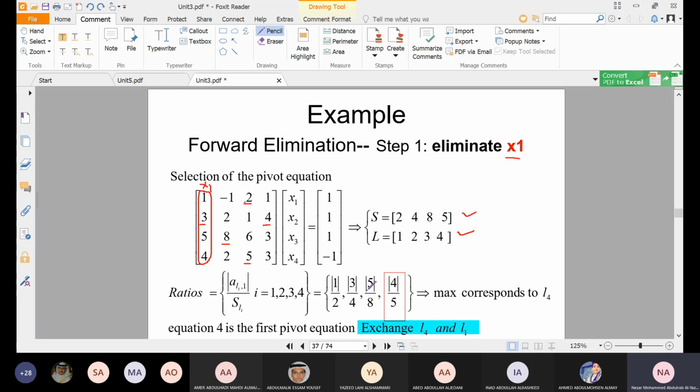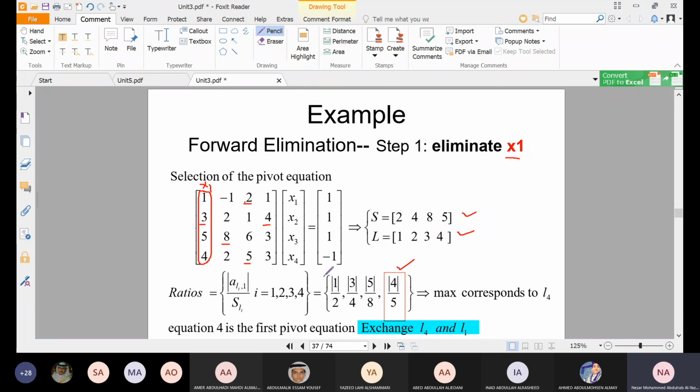After that, we look for the maximum magnitude. We just use our calculator to compare these values. So for example, this is 0.5, and this is 0.75, and this is 0.62, almost 5, and this is 0.8. So this coefficient is larger than the others.